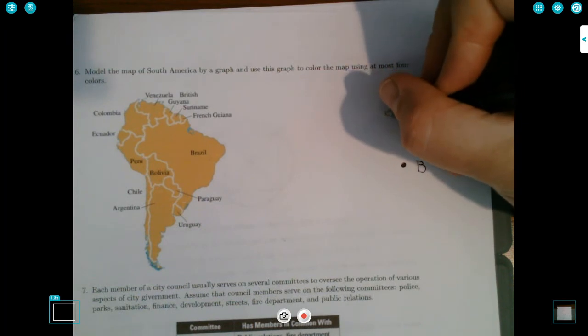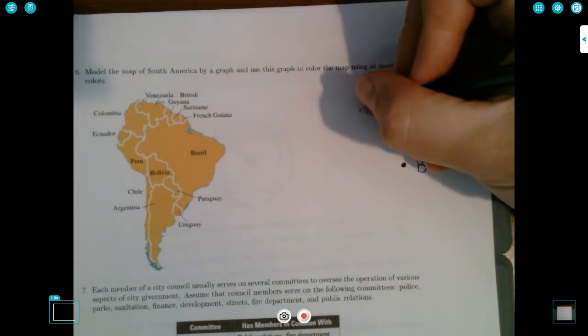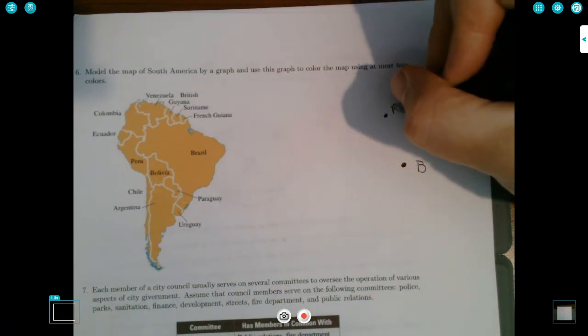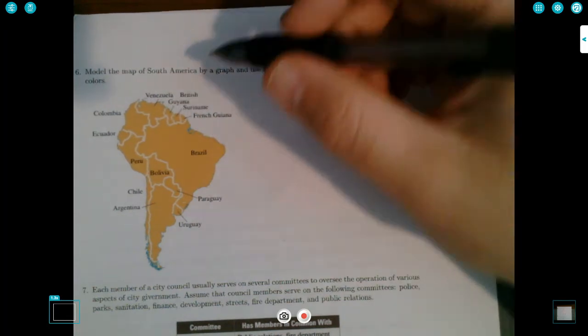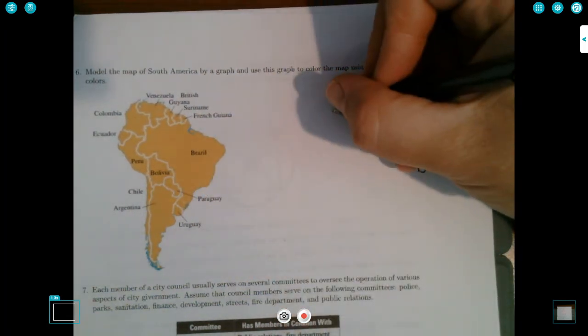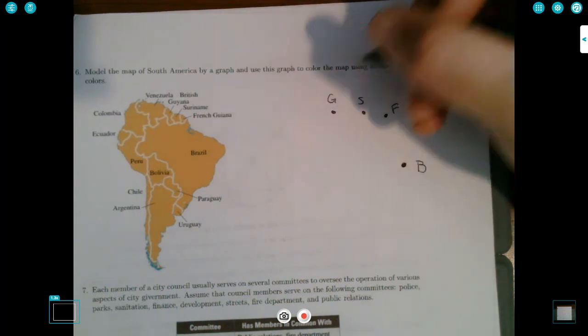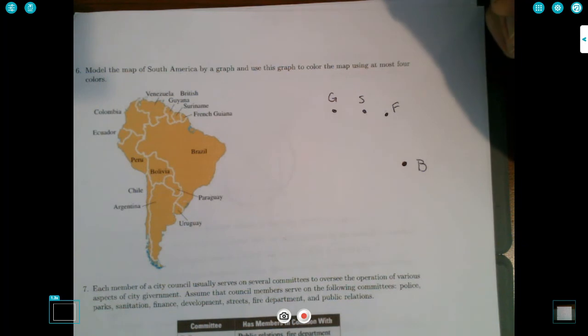I'm going to have French Guiana, Suriname, British Guiana. I've already used B for Brazil, so maybe I'll call this G for British Guiana. Or Guyana, however you say that. Venezuela.